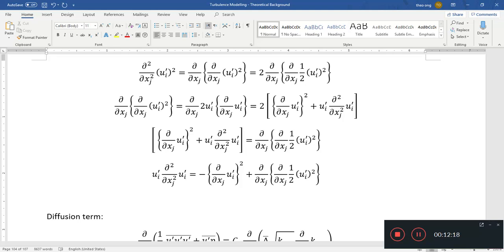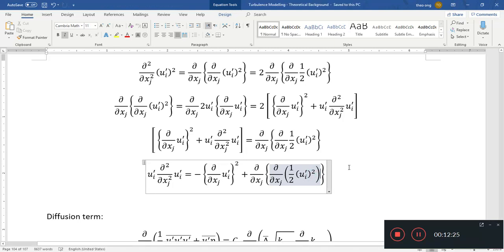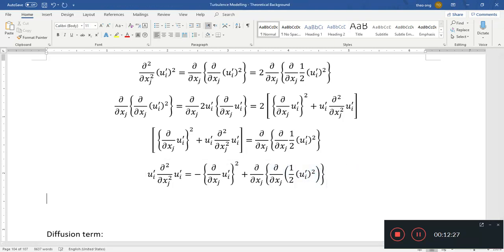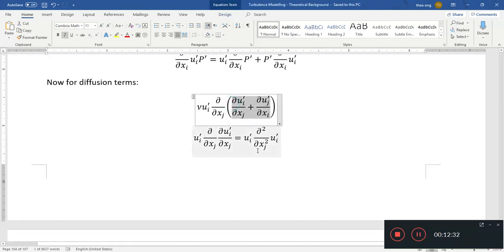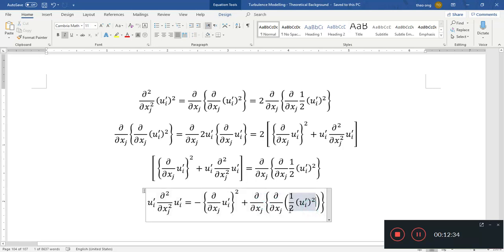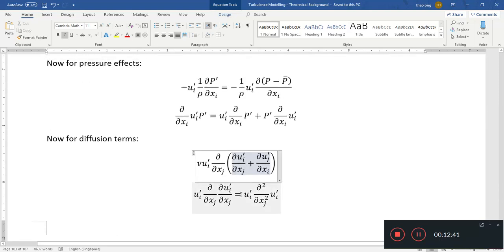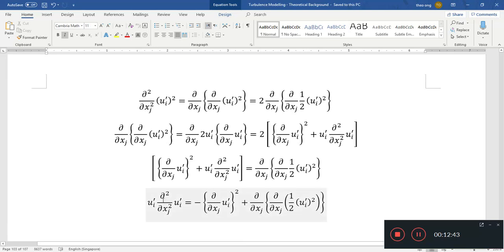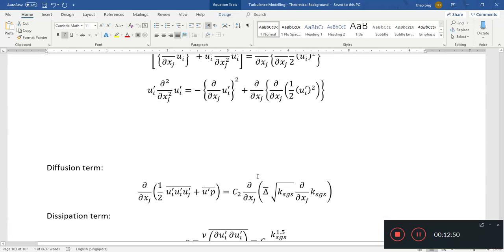All right, so this is where our K comes from. Of course, there'll be filtering and all that, but you'll see that this term actually gives rise to this term here. All right, so we have this term, which will be this term, and then now we want to deal with the other term, this one and this term.